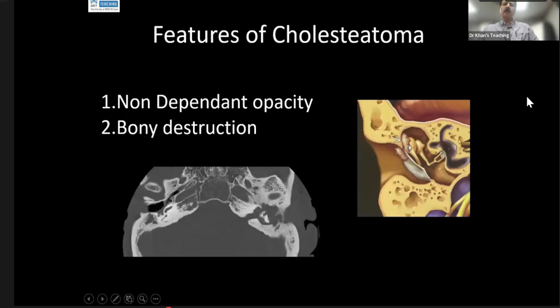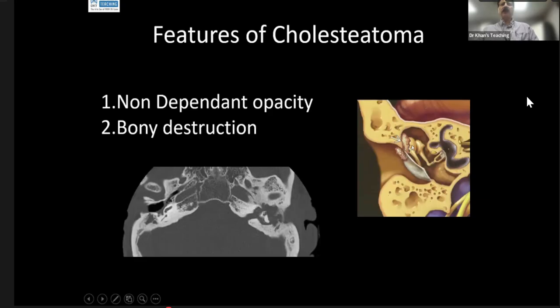That becomes a ball and that ball keeps growing. And this keratin has got some properties of absorbing the bone. It takes years and years to develop, but gradually it will destroy the structures.